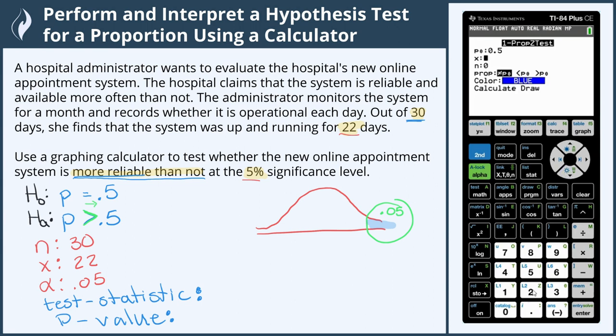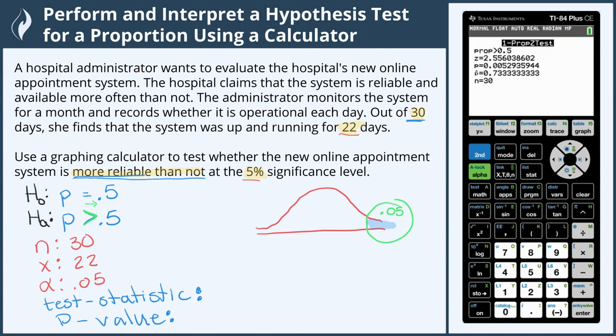The number of successes is 22 out of a sample size of 30. Our alternative hypothesis is a greater than sign, so we need to select the greater than, and then go down to Calculate and press Enter, which will give us our test statistic and our p-value.